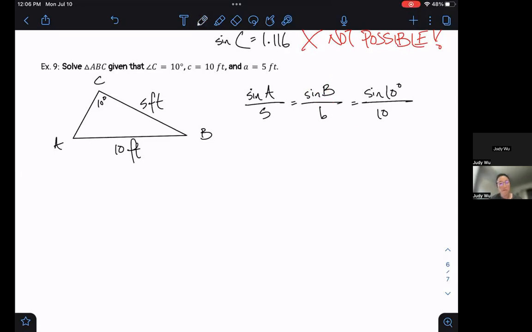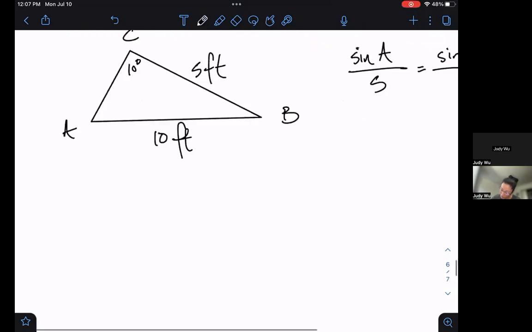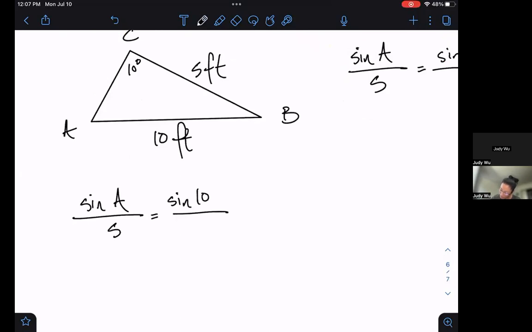I don't know any angles. I don't know any sides. So instead, I'm going to grab sine A over 5 and sine 10 over 10 to go ahead and find that angle. Okay.